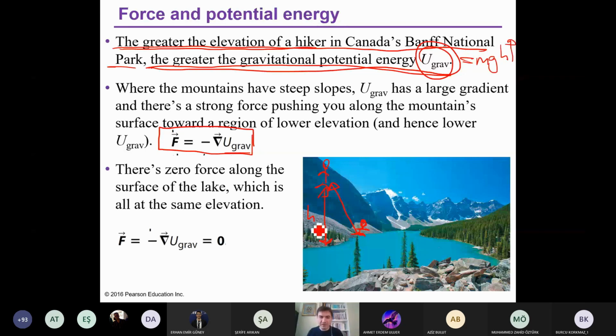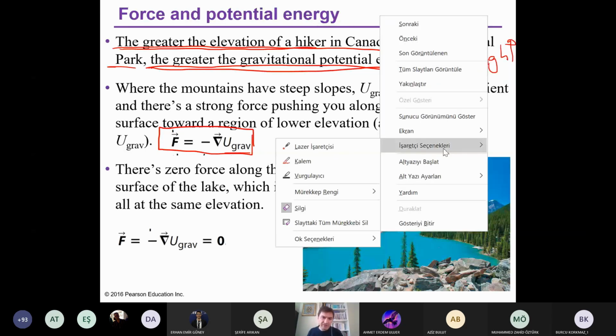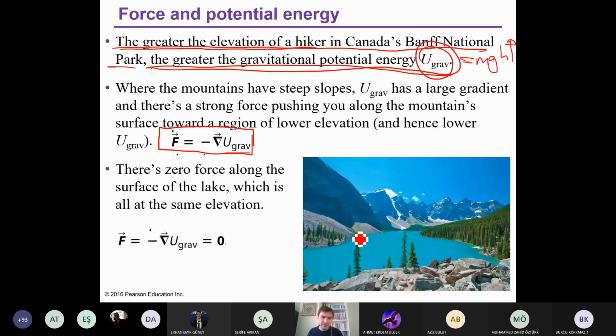But what do you see here? Here we have this type of slope, okay? And here we have this type of slope. This is steeper than this one. Where the mountains have steep slopes, gravitational potential energy has a large gradient, and there is a strong force pushing you along the mountain surface toward a region of lower elevation.